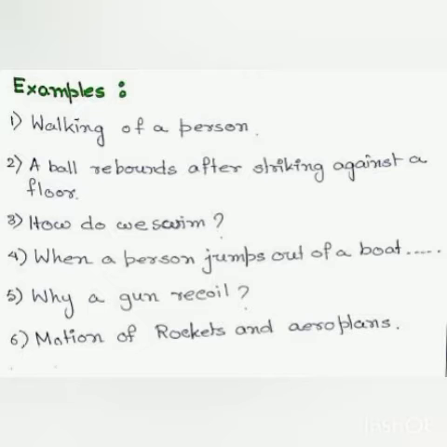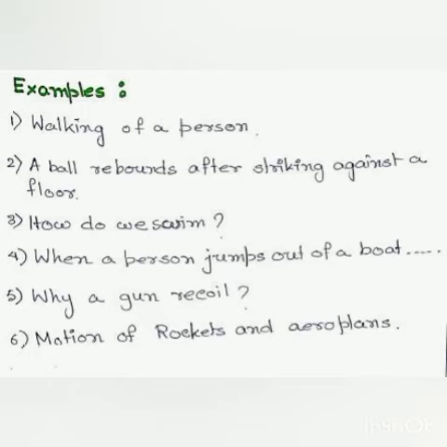And according to Newton's third law of motion, an equal and opposite force is exerted on the gun, and the gun accelerates in the backward direction due to this force. The force exerted on the bullet is known as the action here, and the force exerted on the gun is known as the reaction. And due to this reaction, the gun recoils.